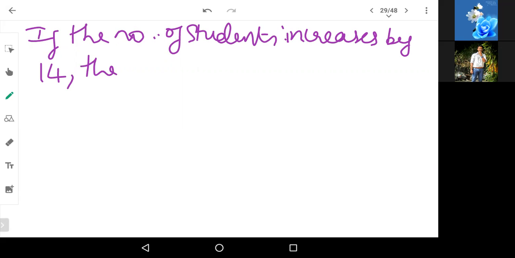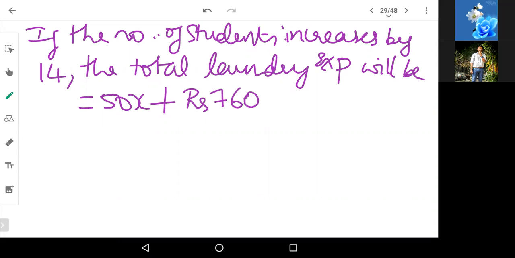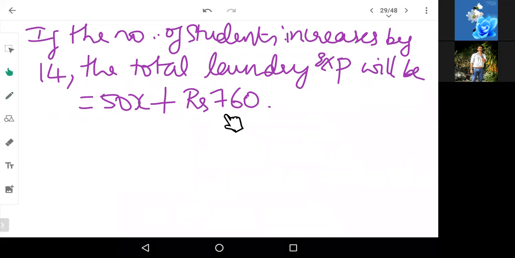The total laundry expenses will be 50x, the laundry expense for 50 students, plus rupees 760. So this is what is given in the question. 760 rupees extra it will happen. So we derived that the total laundry expenses for 50 students is 50x. So 50x plus 760 rupees for the new 14 students.